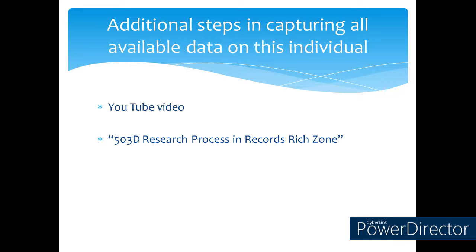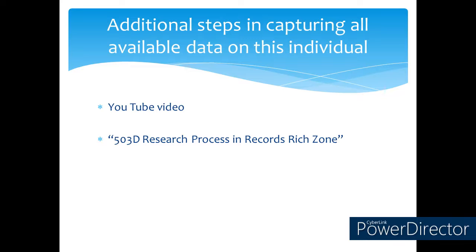There are more steps after adding the record hint, which can often provide even more additional information to become available for this person. These are found in a separate video labeled Research Process in the Record Rich Zone. Using them will definitely improve the knowledge of this piece of the family and make it easier for those that follow.